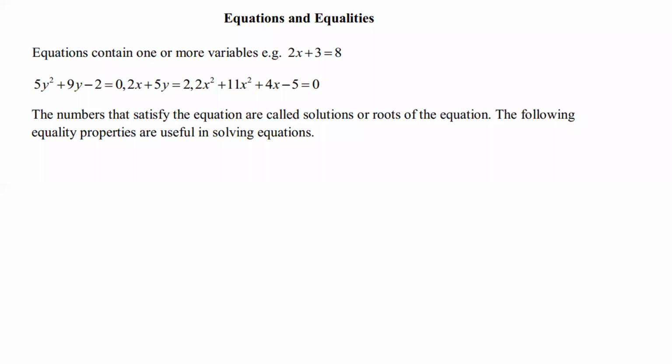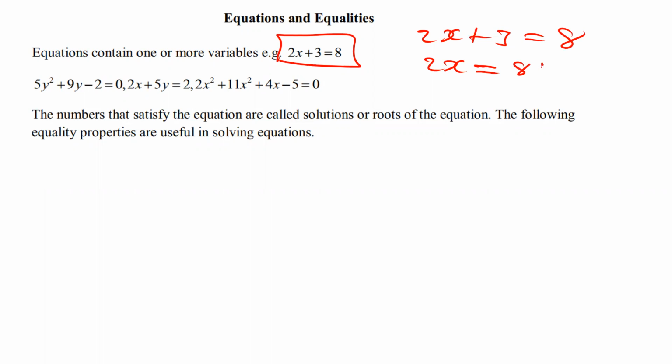When you have been asked to solve 2x plus 3 is equal to 8, the solution that you get after solving this equation is known as the root of the equation. In the case of linear equations, it's actually just the solution, or sometimes called the root of the equation.